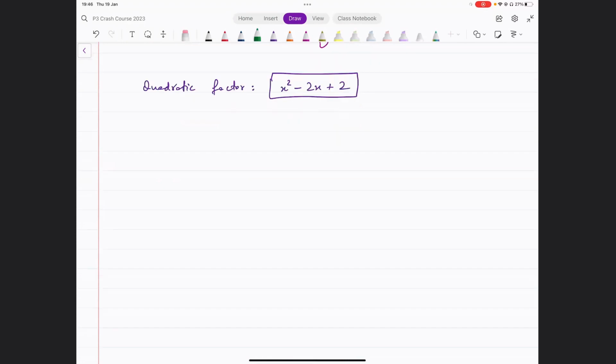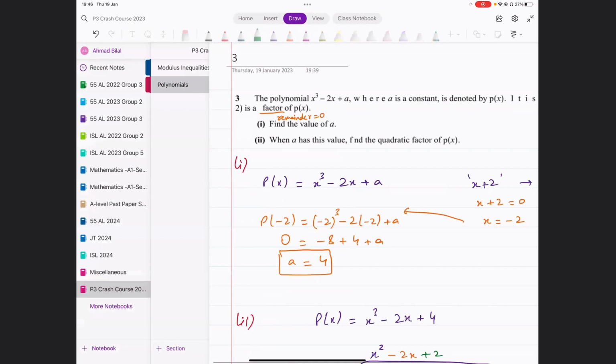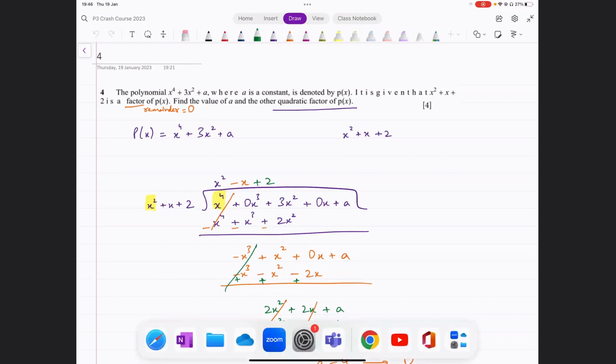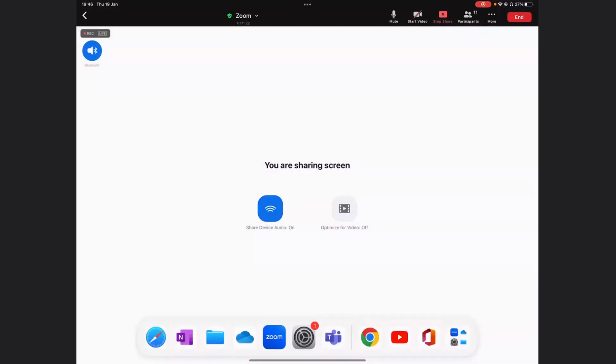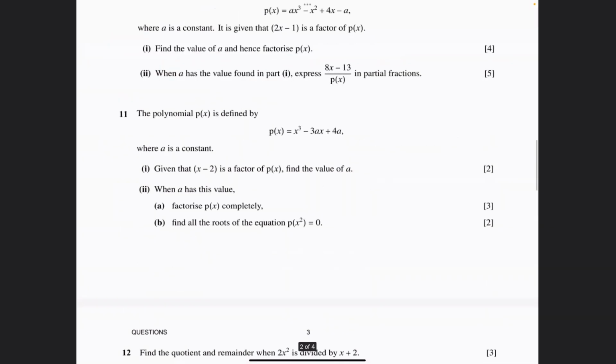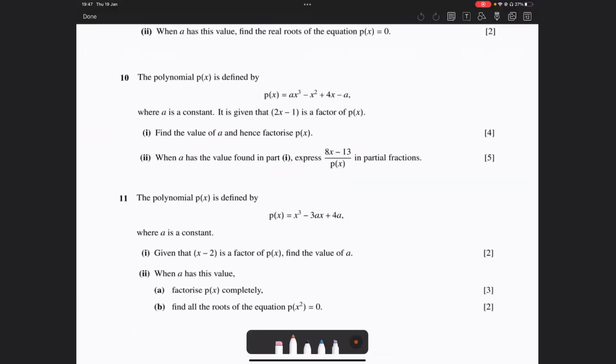But when they ask you to factorize something, and especially they use the word completely, factorize something completely. Let me show you some question where they ask you to factorize something and also use the word completely. When they say something like factorize p of x completely, this word completely is mostly a hint that if you're getting a quadratic factor, you can further factorize it and make it linear factors.